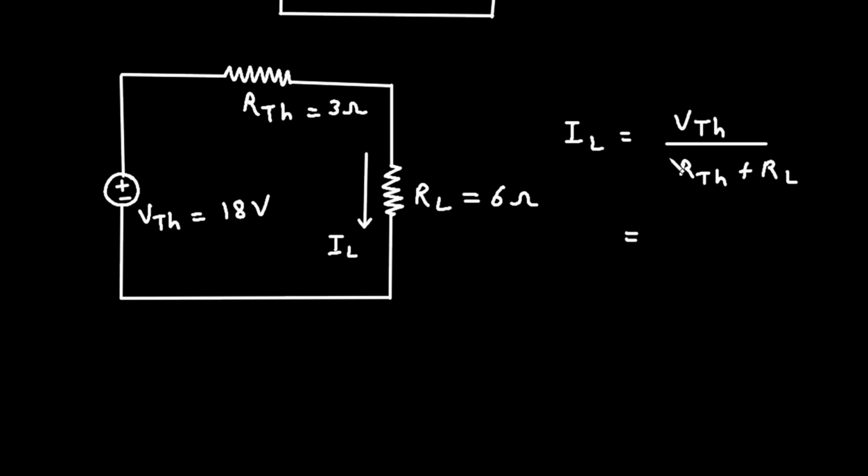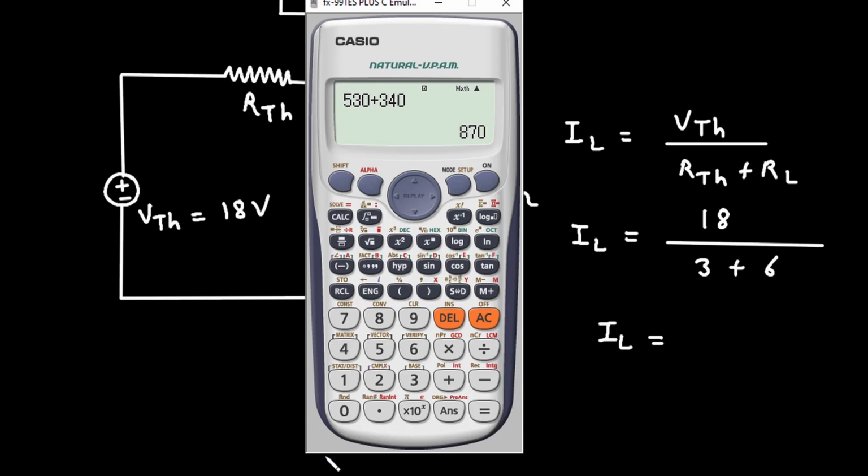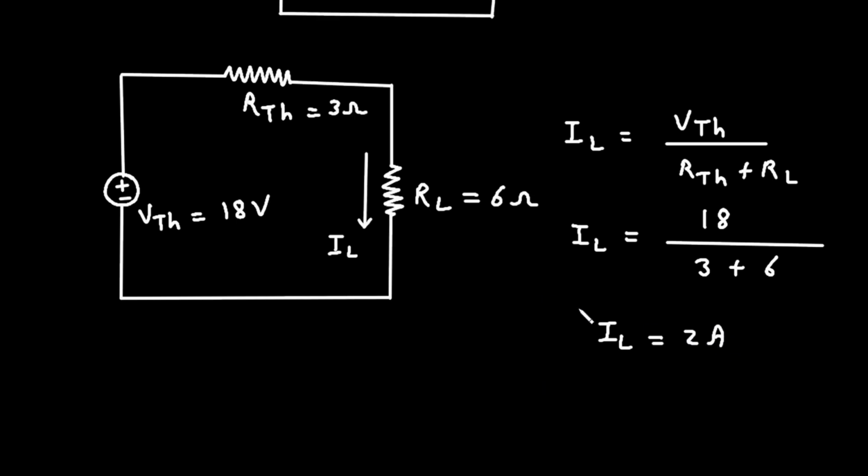Now let's put all the values. So VTH is 18, RTH is 3 ohm plus RL is 6 ohm. So if we calculate this, we get IL is equal to 18 upon 3 plus 6. So it is 2 ampere.